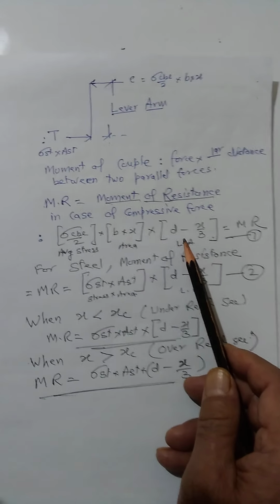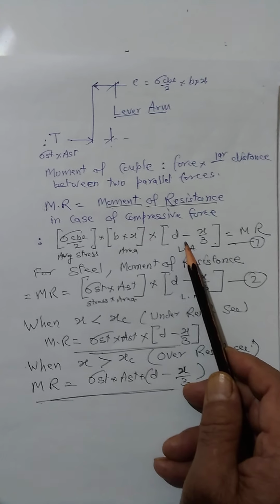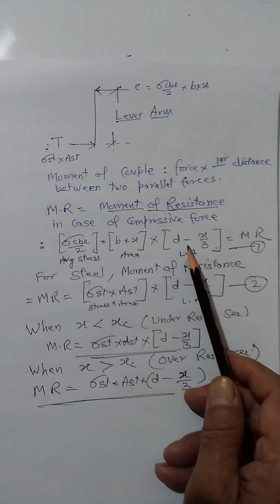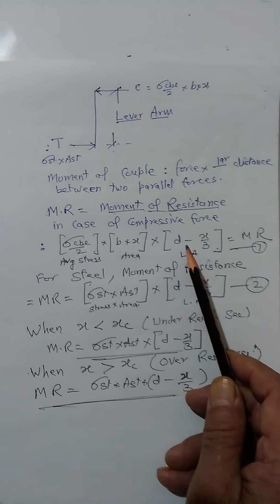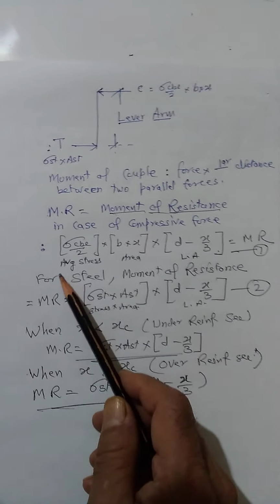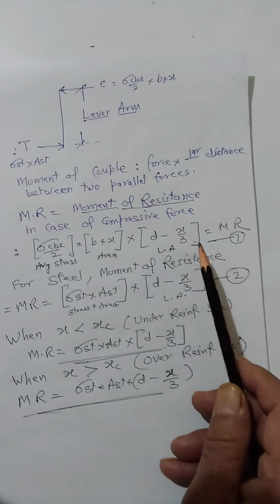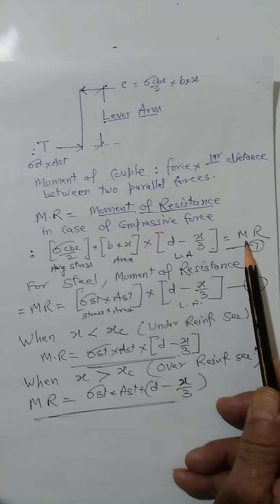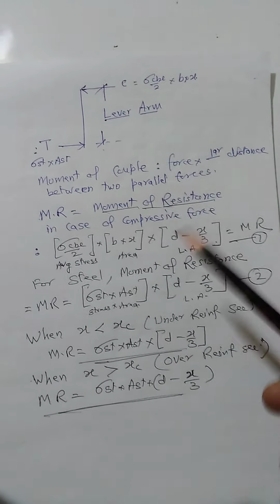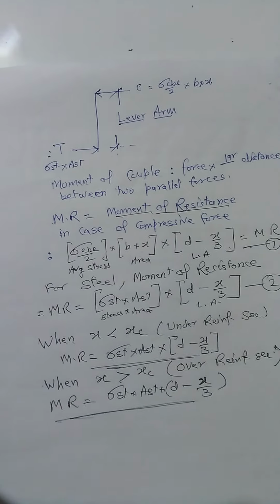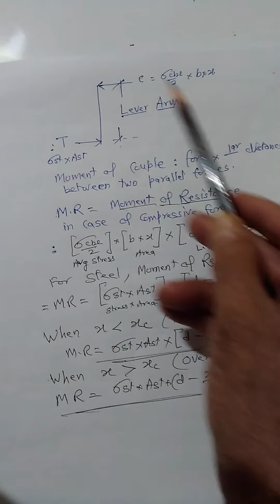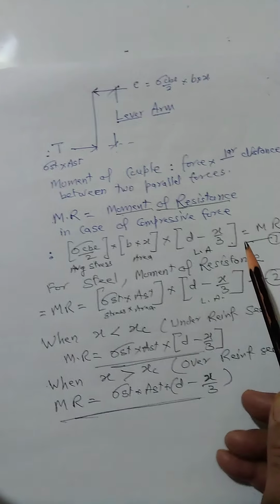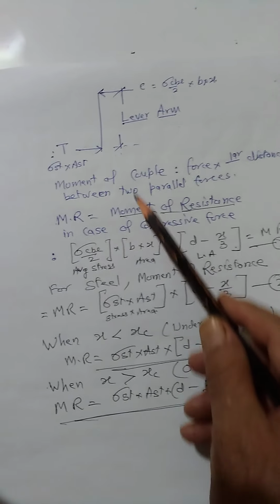This is nothing but total bending moment, or in this case we call it the total moment of resistance, and it is denoted by MR. MR means the moment of resistance, because it is resisting the external force coming over the beam. These are the internal forces which are resisting the external loading moment, and that's why we call it the moment of resistance. This is for the C.